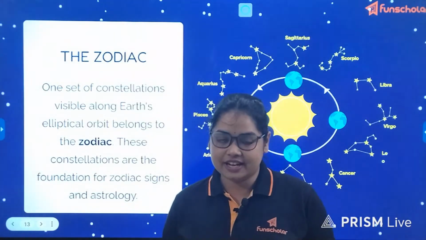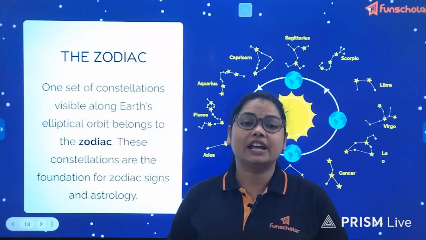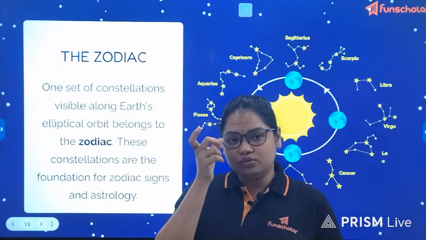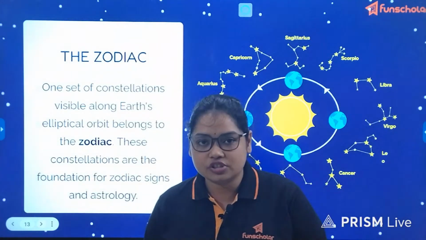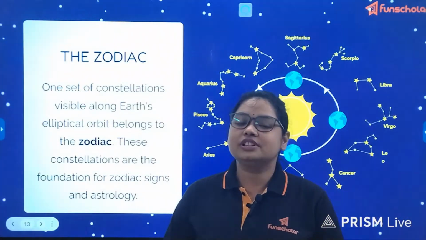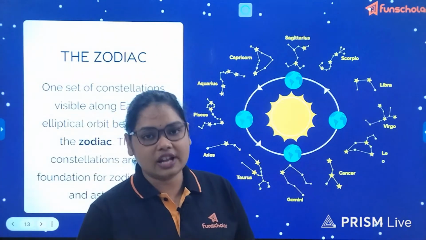Your zodiac sign depends on the time at which you were born, and according to that zodiac sign, the calculation of astrology is done for the entire life of a person. So the zodiac sign does not change for the rest of your life.